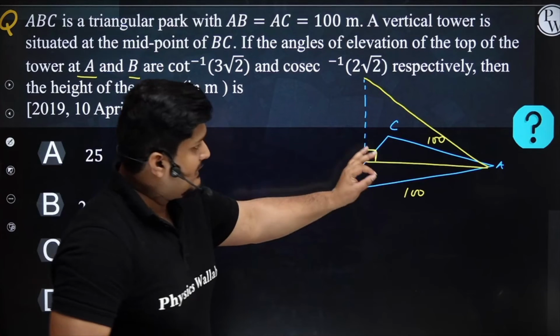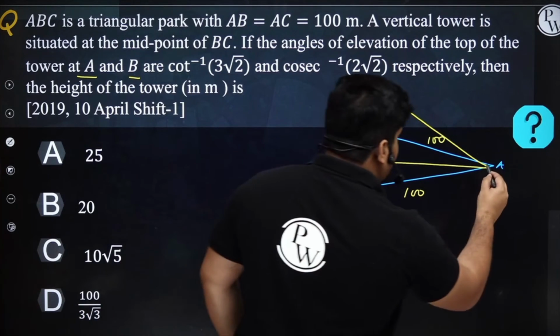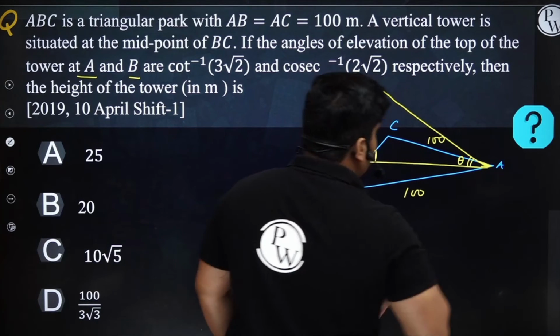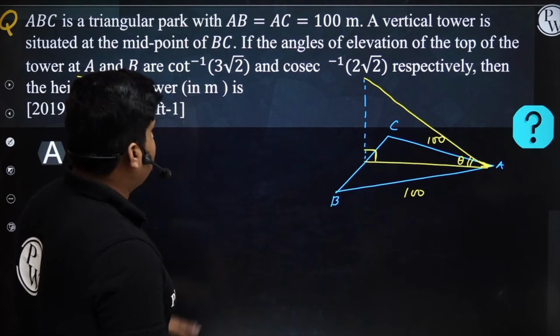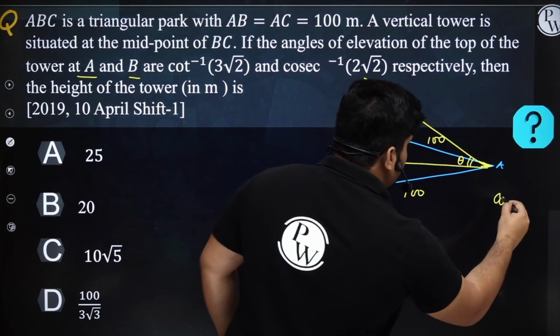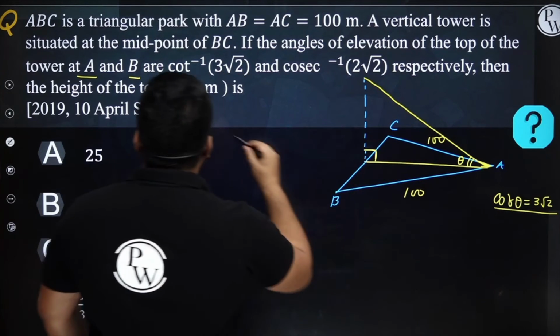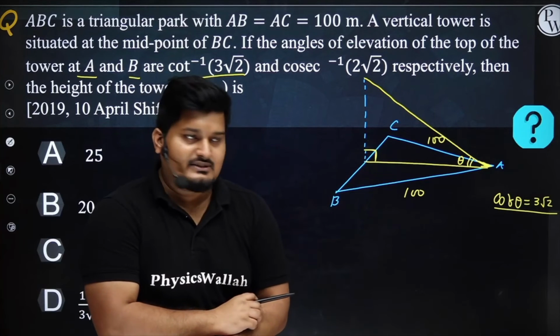I hope now you can clearly imagine that it is out of the plane. So from this vertex A, this angle theta is known. What is given about this theta? That this is cot inverse 3 root 2. So cot theta is 3 root 2. This is known, guys. Cot theta is 3 root 2.